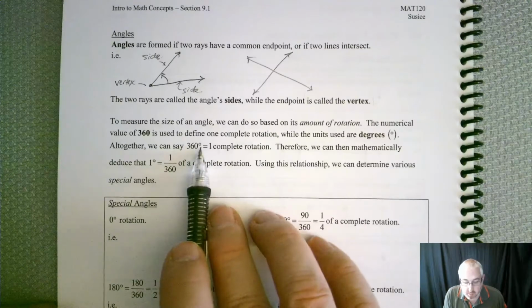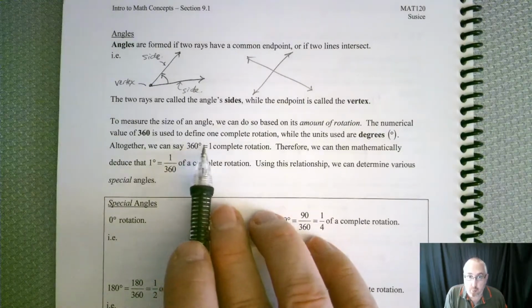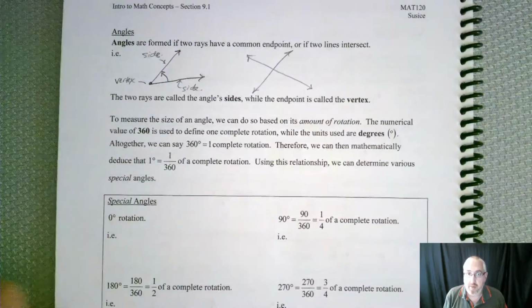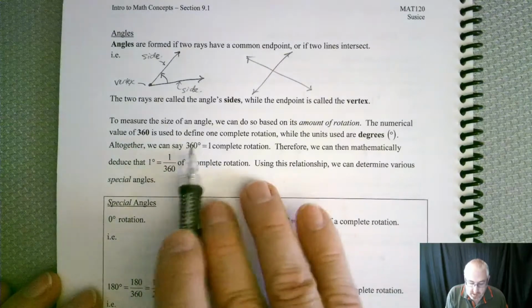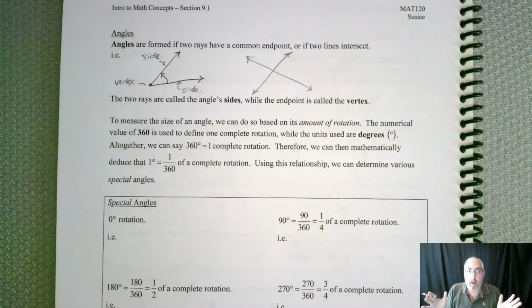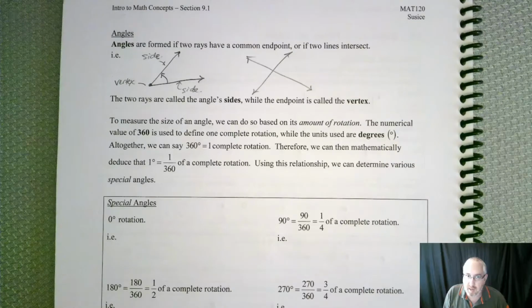Now the units for degrees are kind of like for temperature. You're still going to use that little raised circle next to your numerical value. So 360 degrees is one complete rotation. That's our starting point. Now, if we wanted to look at different size ones, we can chop that up mathematically speaking.